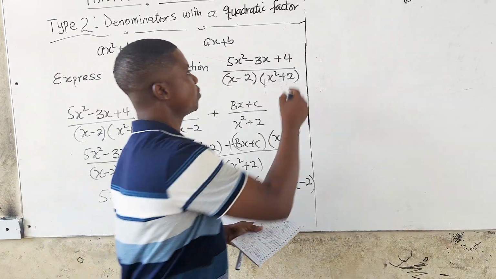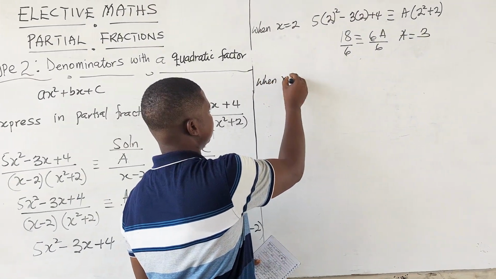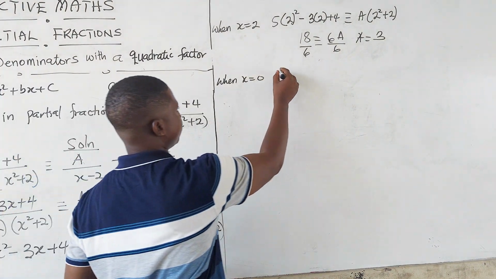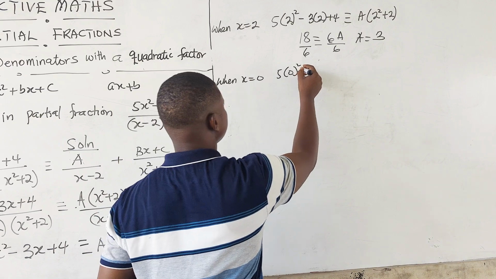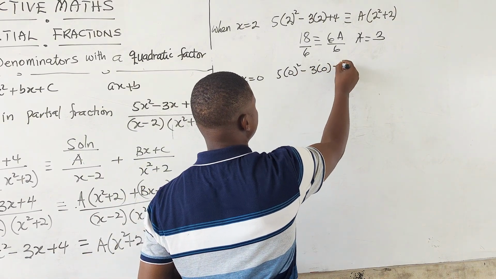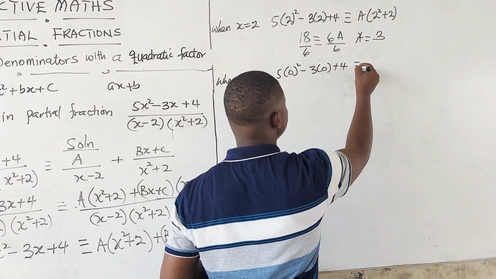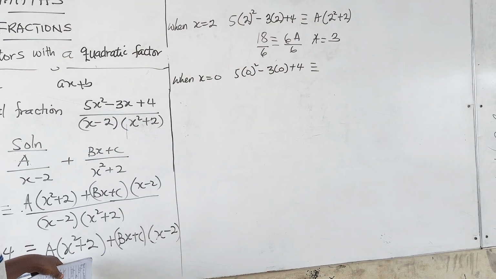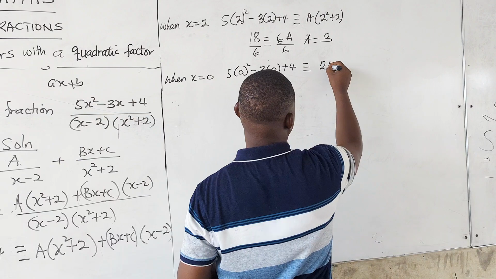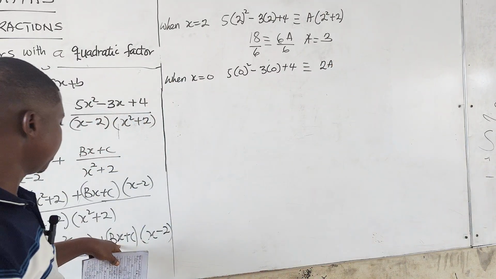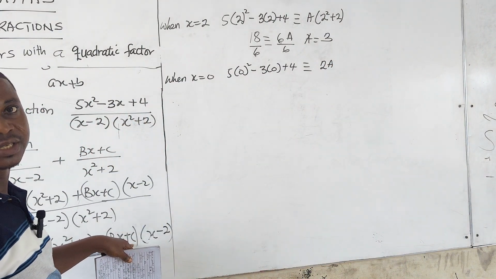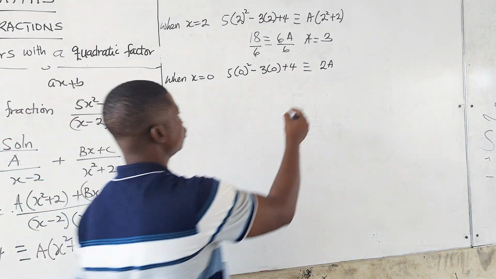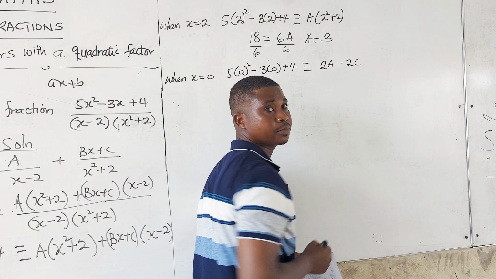So when x equal to 0, this one will give me 5 times 0 squared minus 3 times 0 plus 4, which will be equivalent to this one being 0. I have 2A. B will be 0, so we left only c. So now we have negative 2, so negative 2c.